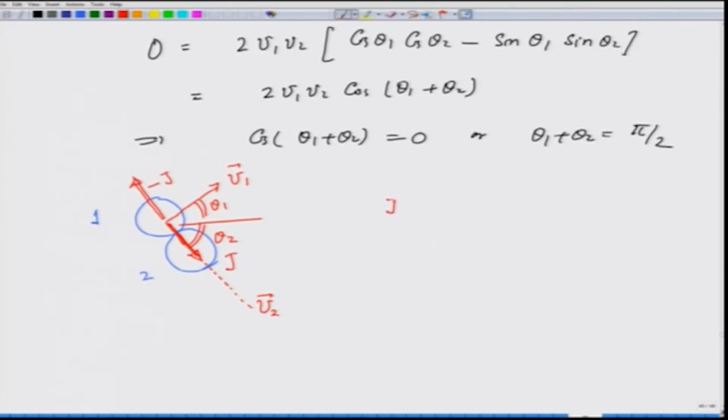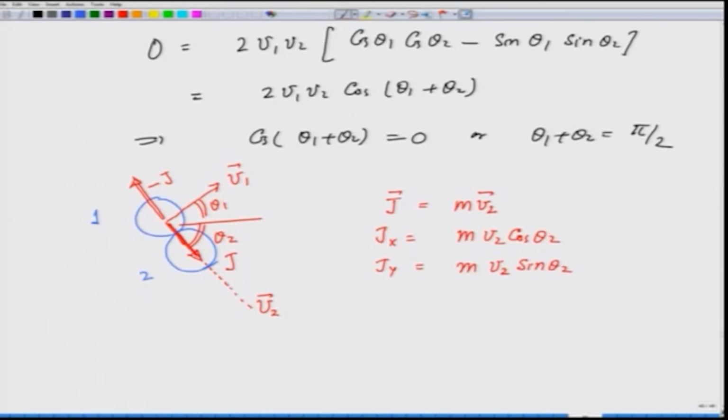J vector is going to be m V2, and therefore, Jx is going to be m V2 cosine of theta 2, and Jy is going to be m V2 sine of theta 2.